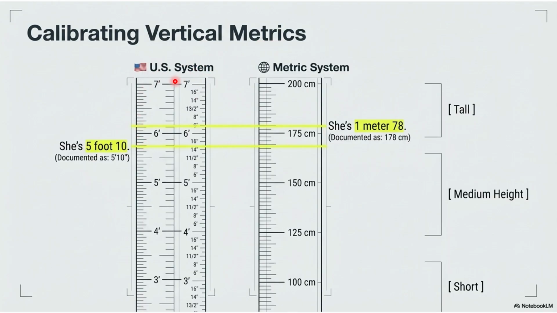We have the US system and we have the metric system. So the US system is with the foot, right? 5'10". And we have the metric system, which is the meters. Again, you can use whichever you like. It doesn't matter. Okay? We normally use foot here in Dominican Republic.